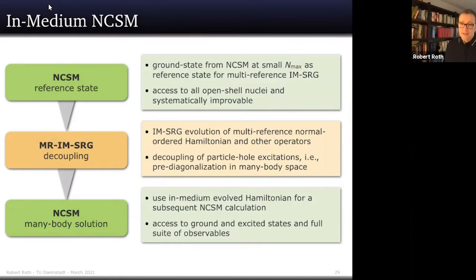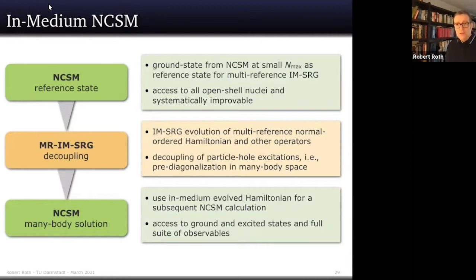This is a technical step, which is non-trivial if you look at it in detail. We use generalizations of normal ordering and Wick's theorem, which come from quantum chemistry, in order to define this multi-reference version of the in-medium SRG. But in the end, conceptually, it's exactly the same as before.